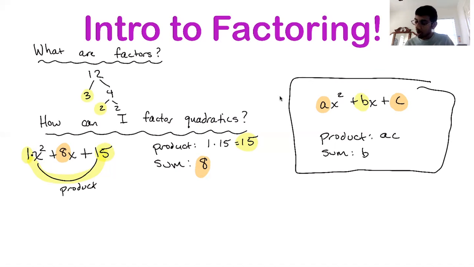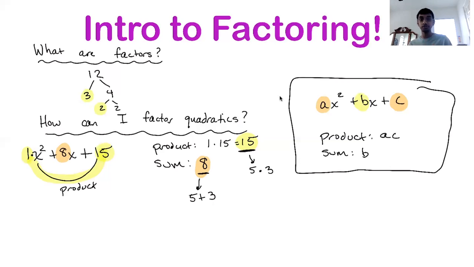Let's see if you got the answer. If we're thinking about what two numbers multiply to 15 and add to 8, the answer is very simple. It would be 5 and 3, because I can multiply 5 times 3 to get 15, and I could also add up 5 plus 3 to get 8.